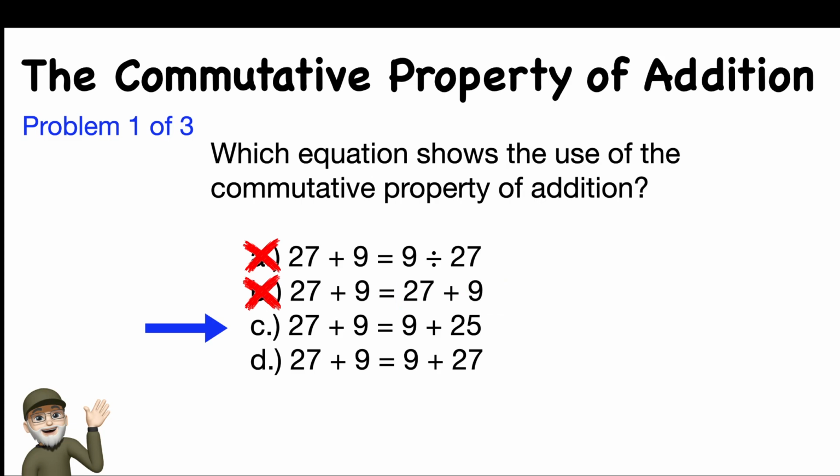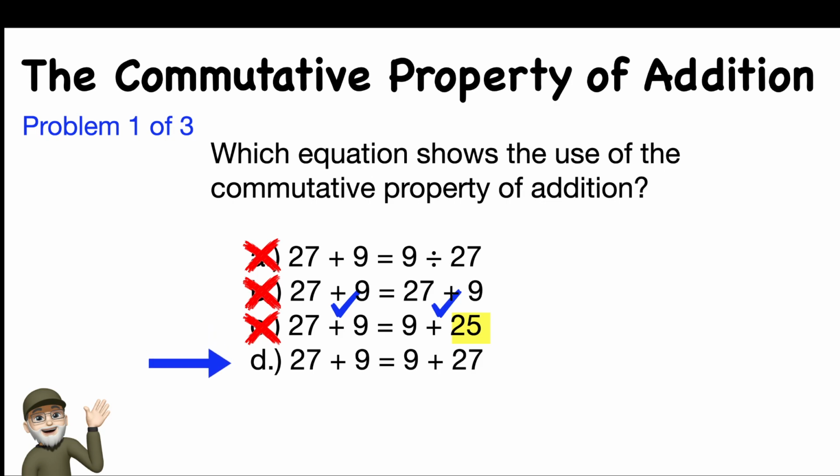C. 27 plus 9 equals 9 plus 25. We have addition on both sides, but notice that the 25 on the right side doesn't match the 27 on the left, so that can also not be the commutative property of addition.